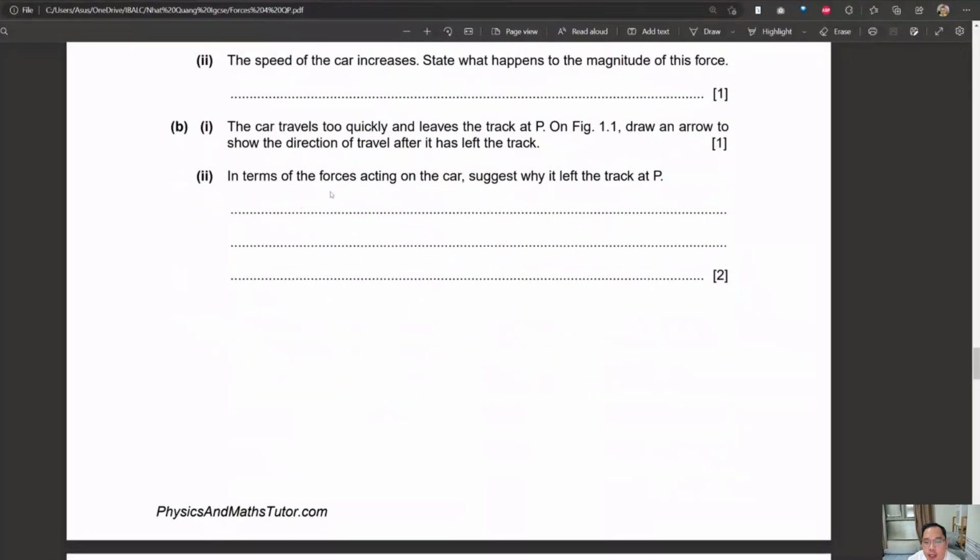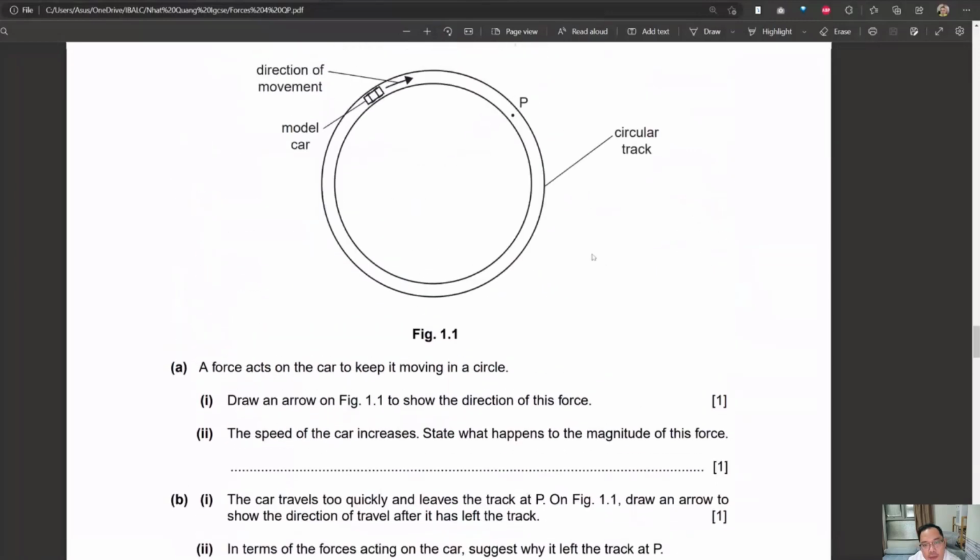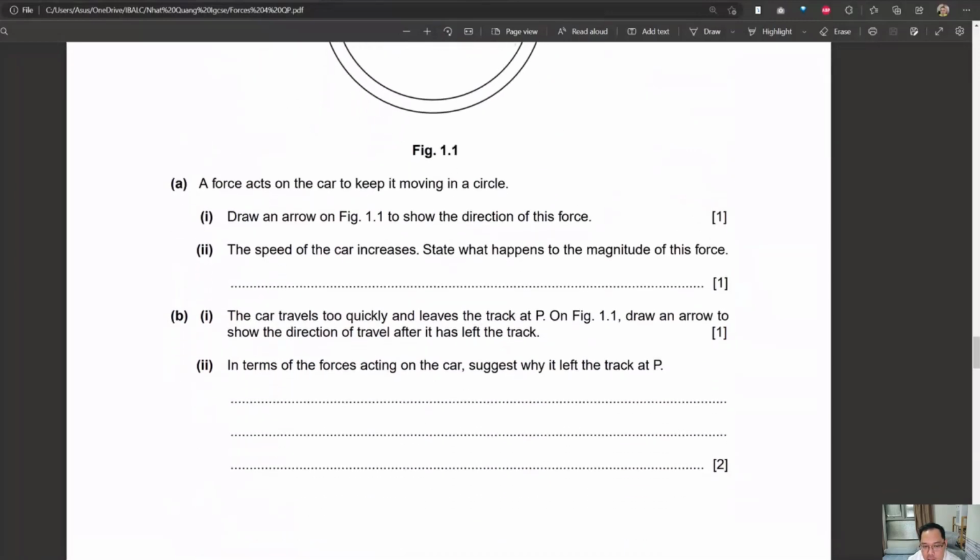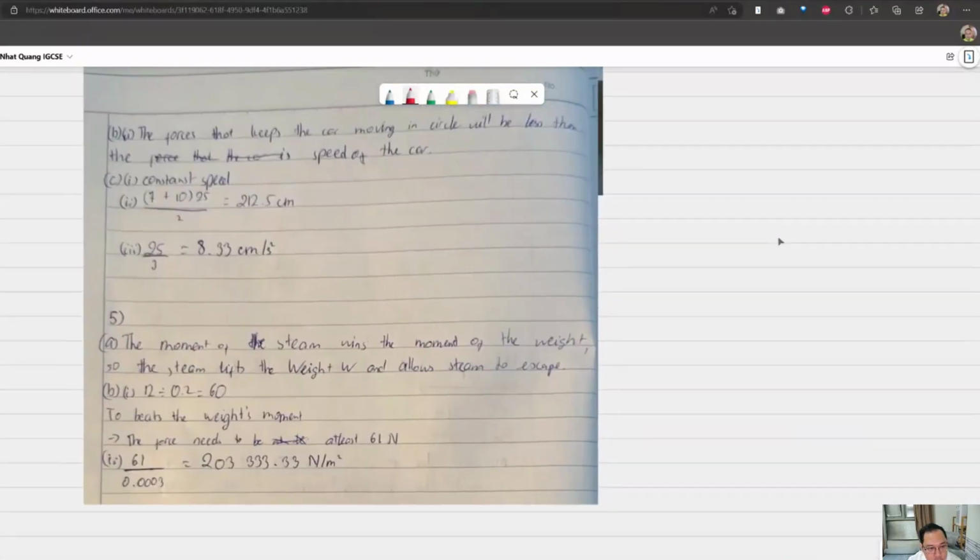In terms of the forces acting on the car, suggest why it left the track at P. The car travels too quickly and leaves the track at P. Draw an arrow to show the direction of travel after it has left the track. Okay, you didn't draw that?